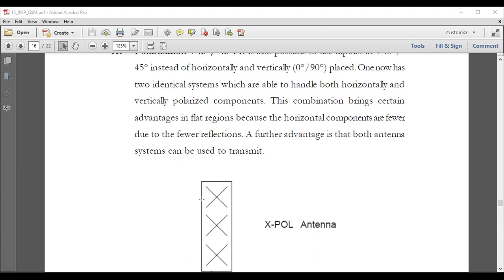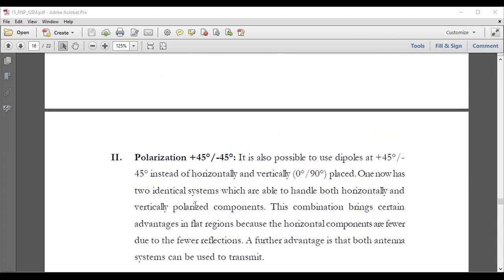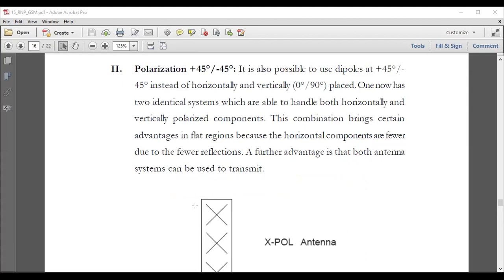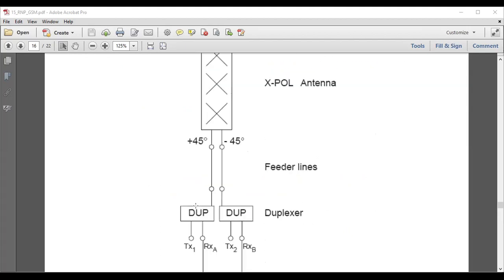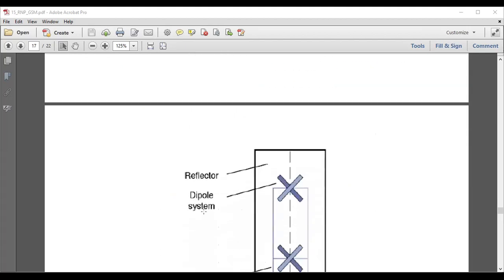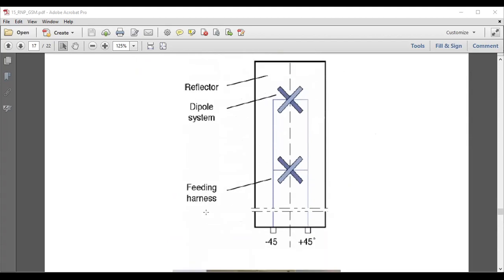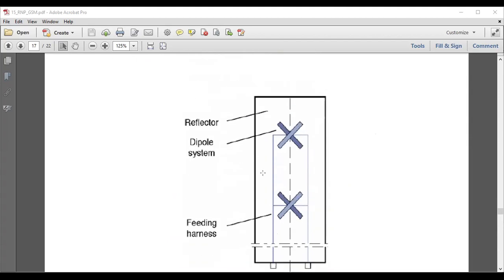For the transmission purpose and also for the reception purpose, you use these two different polarization orientations, plus 45-degree and minus 45-degree. Meaning that here you see these two colors. See, the light blue elements form one antenna and the dark blue elements form another antenna.